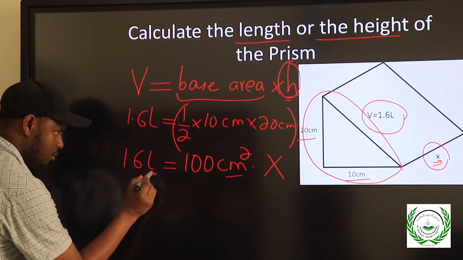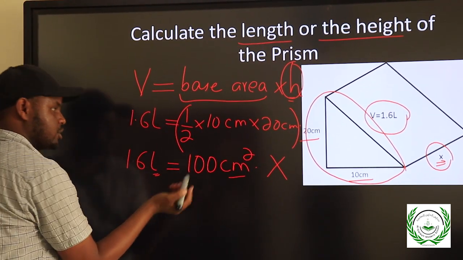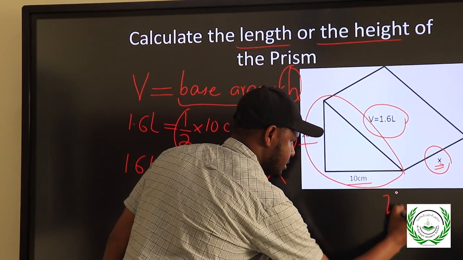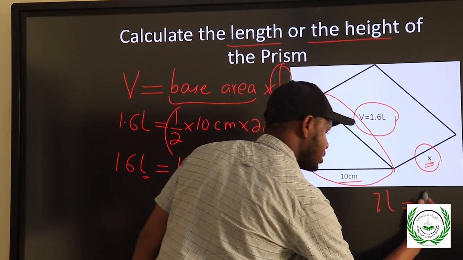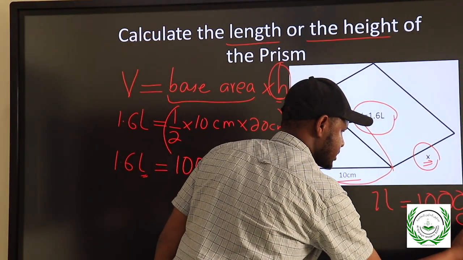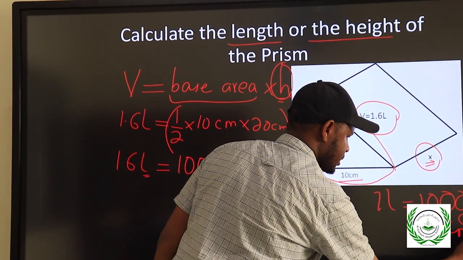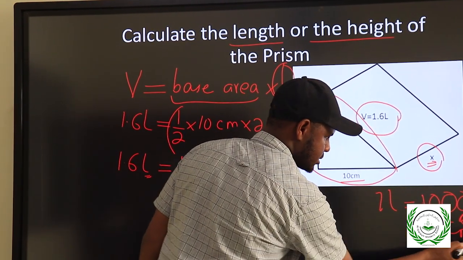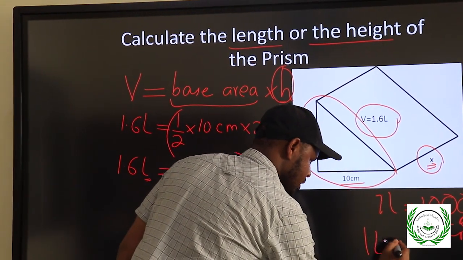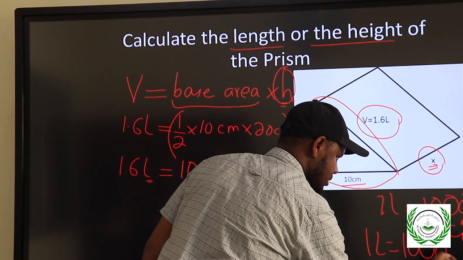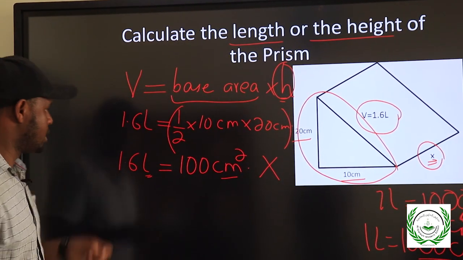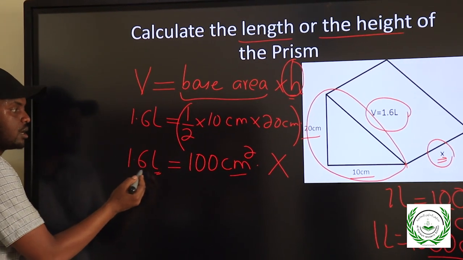So whenever you change liter into cubic centimeter, 1 liter is equal to 1000 cubic centimeters. Here 1000 cubic centimeters. So students, 1 liter is equal 1000 cubic centimeters, right? So here we have to multiply 1000.